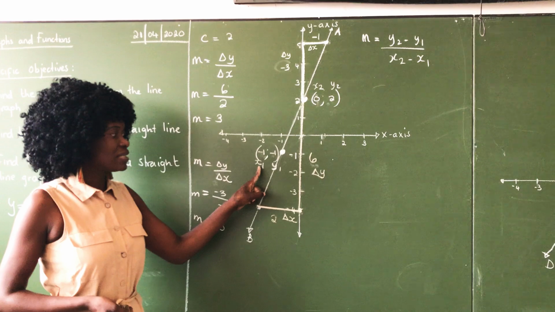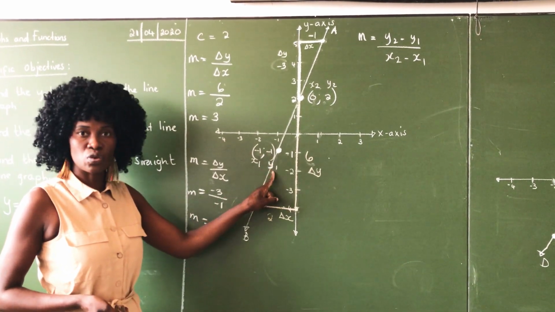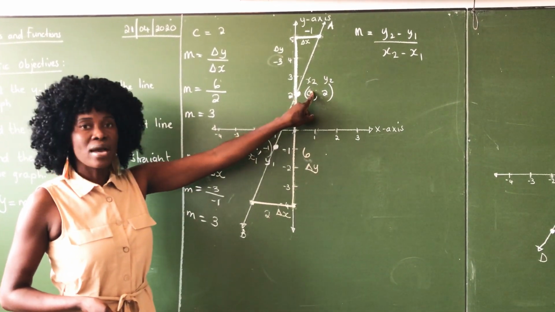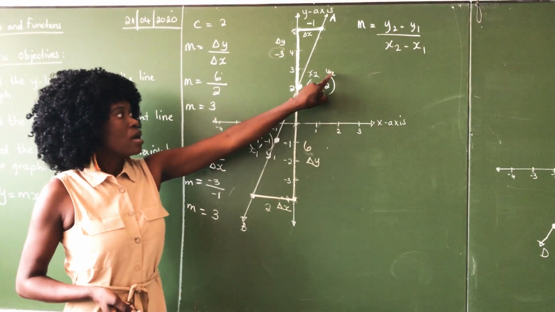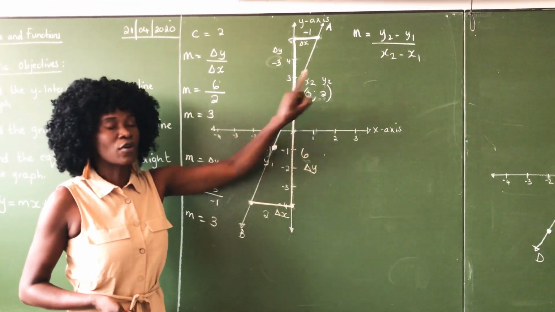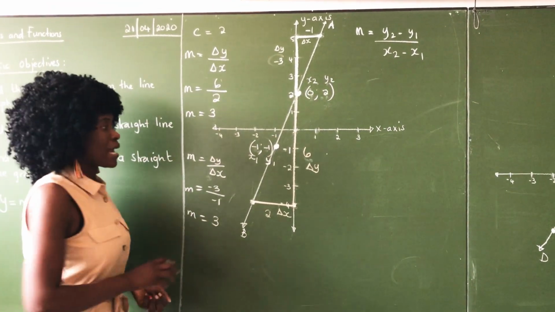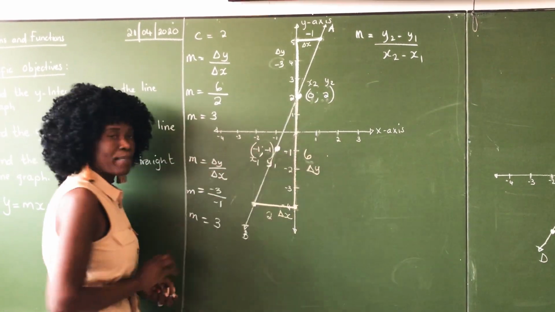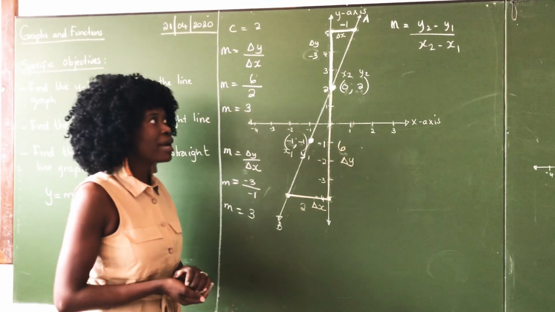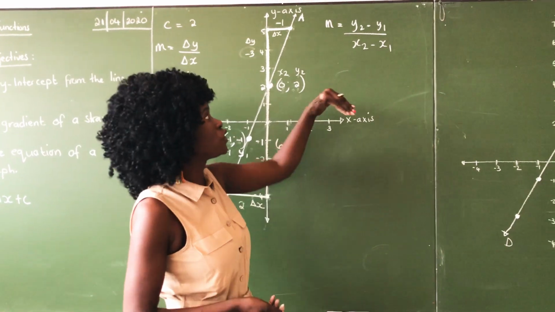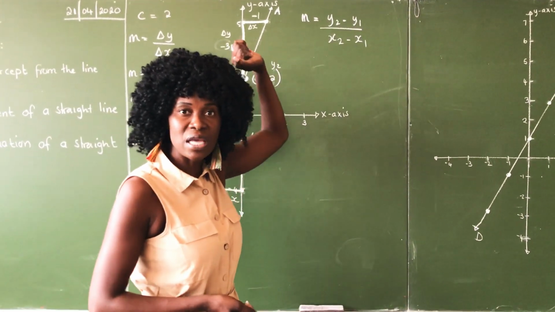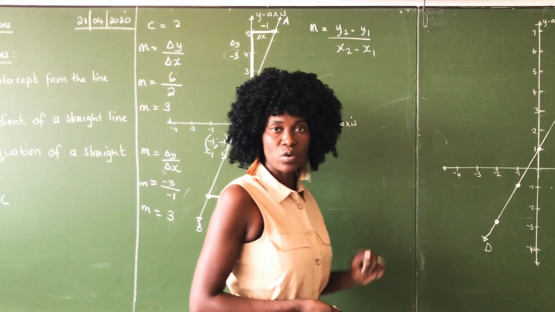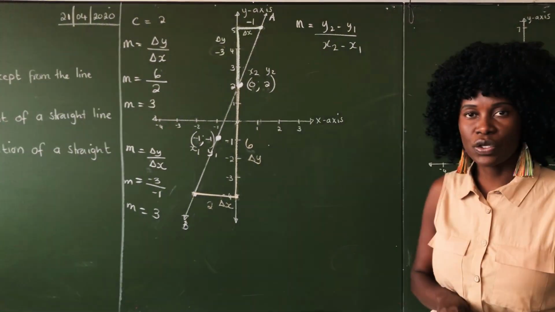So -1 is x1, the other -1 is y1. The next pair, x2 is 0 and +2 is y2. Now you have these labeled coordinates which you have to substitute into the given equation, which is y2 minus y1 over x2 minus x1.